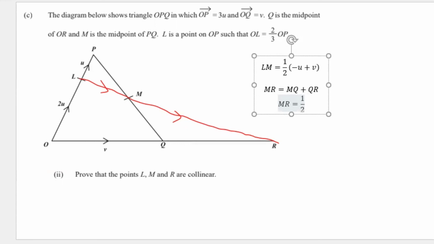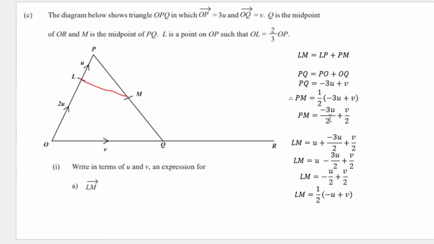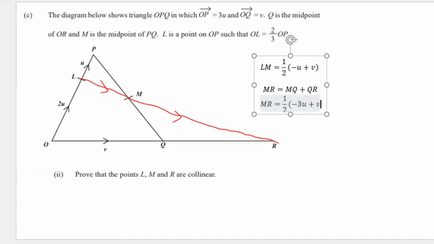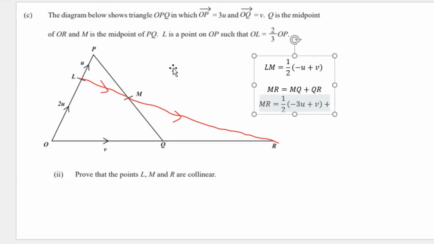PQ was minus 3U over 2 plus V over 2, so this being multiplied by a half, minus 3U plus V. So that is MQ plus QR, which is V.